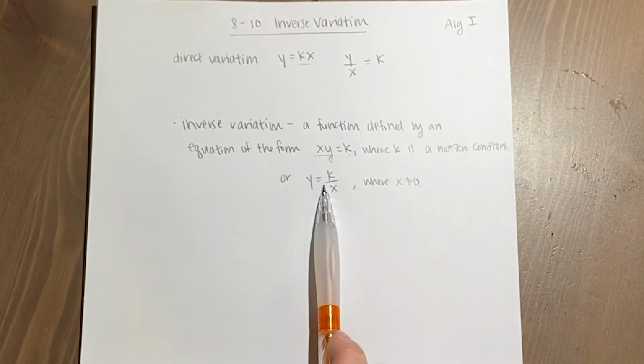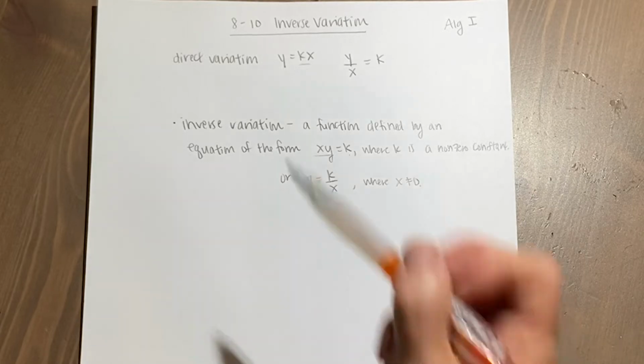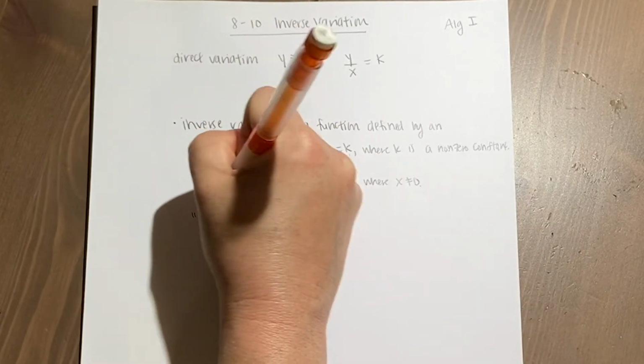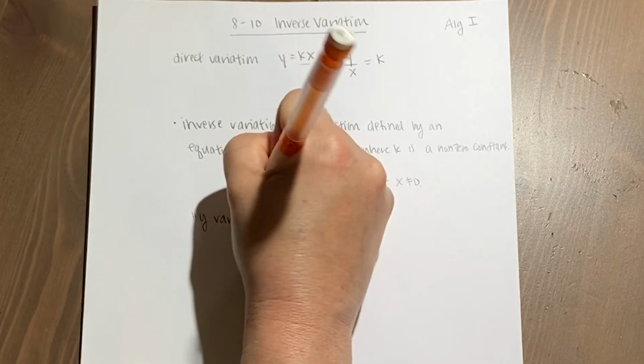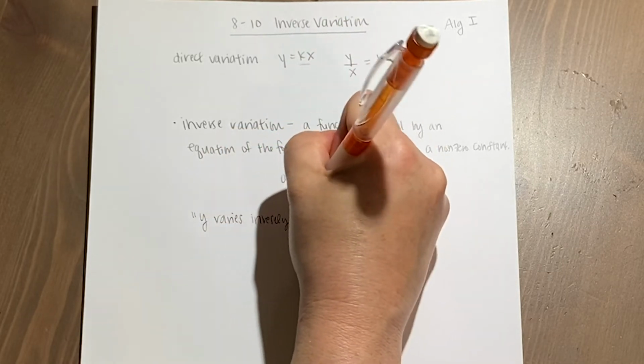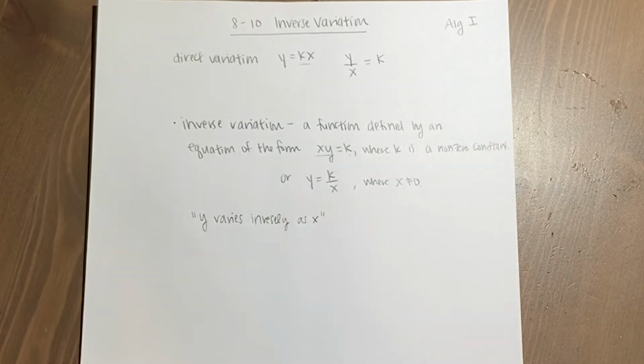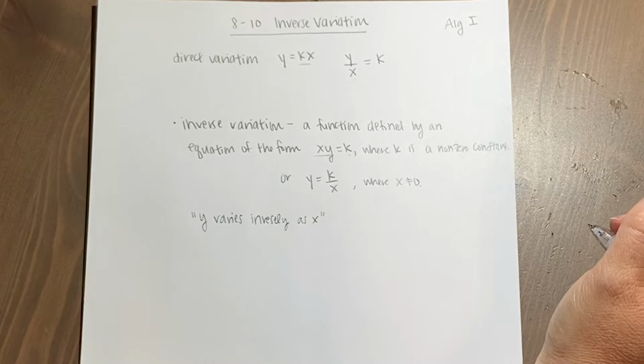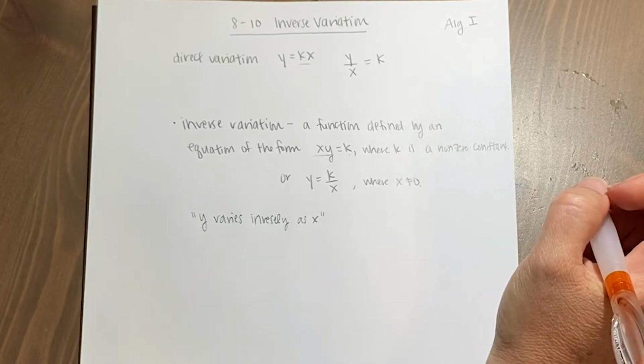When we read these, we would say that y varies inversely as x. Or you could say y is inversely proportional to x.